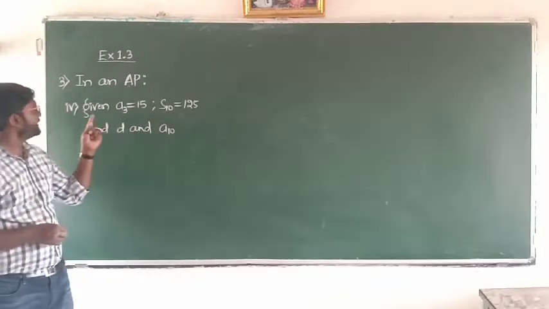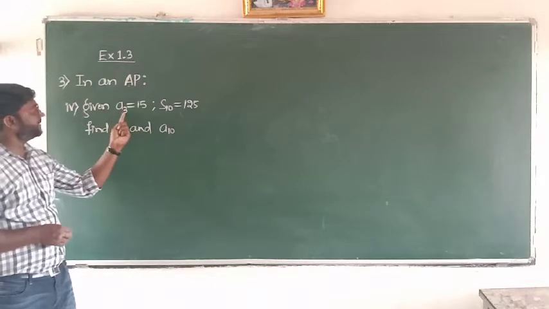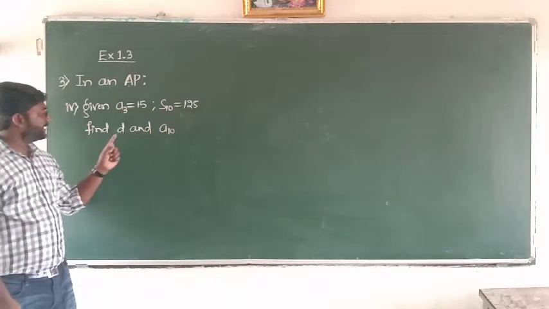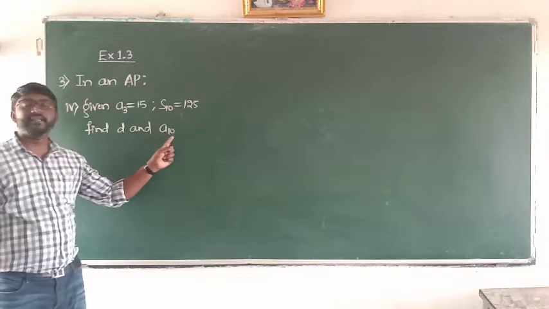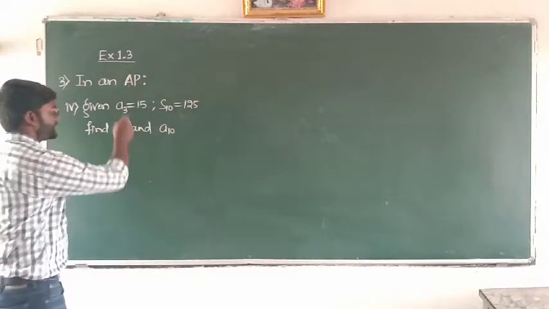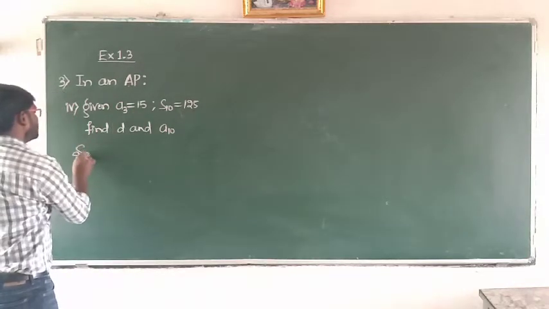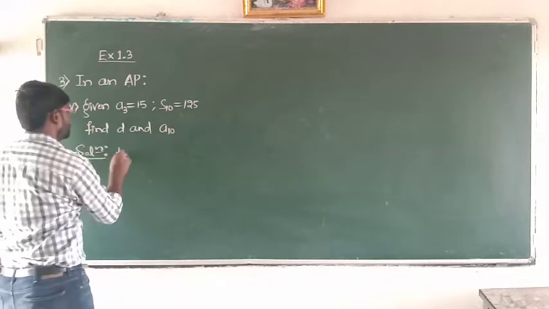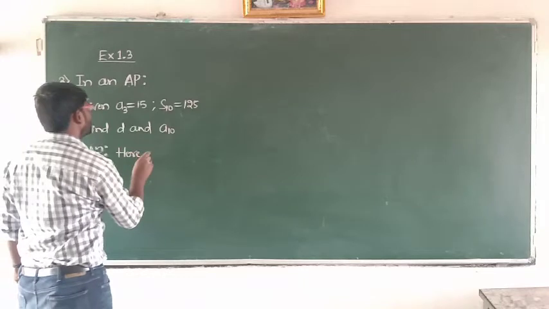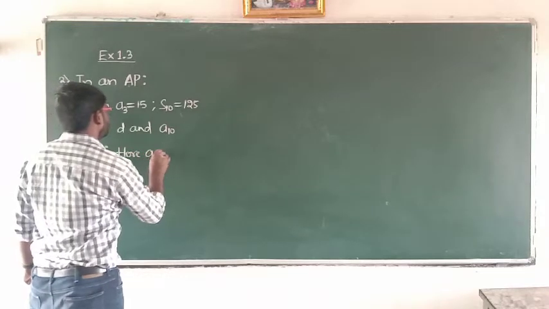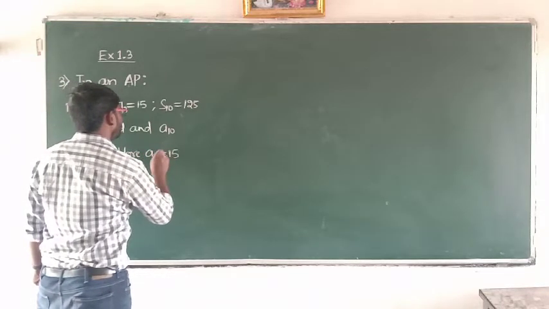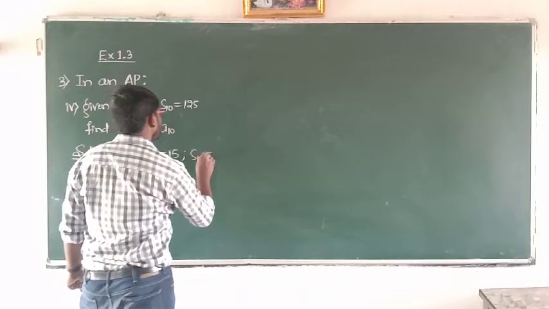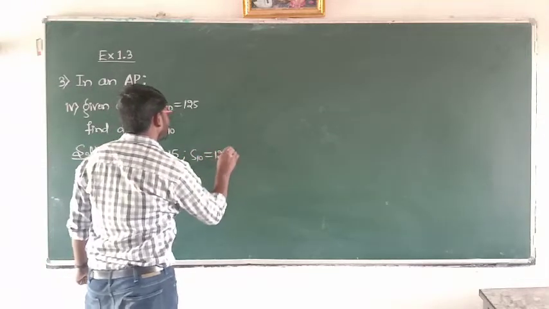Okay, the next one is the fourth question. A3 is equal to 15, S10 is equal to 125, and we have to find the common difference and the 10th term of an AP. So first we'll write the given information: A3 is equal to 15 and S10 is equal to 125.